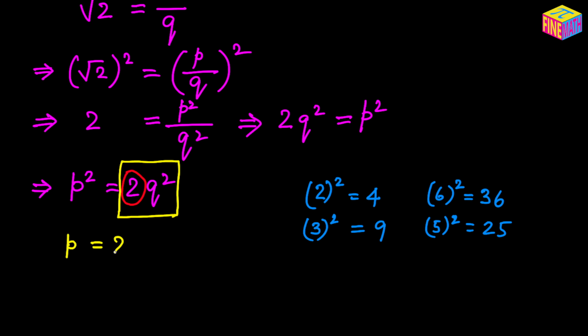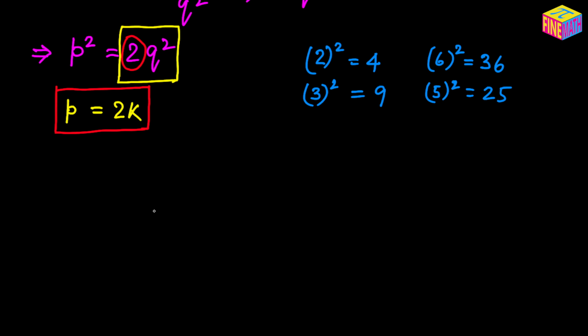So from here we can say, if p is an even number, let's represent p as 2 times some other integer k, for example, right? So let's assume that p is 2 times k. From here, we are going to modify the equation a little bit. In place of p, we are going to write 2k whole squared is equal to 2 times q squared.